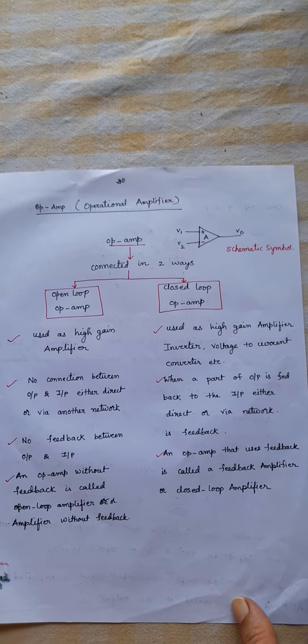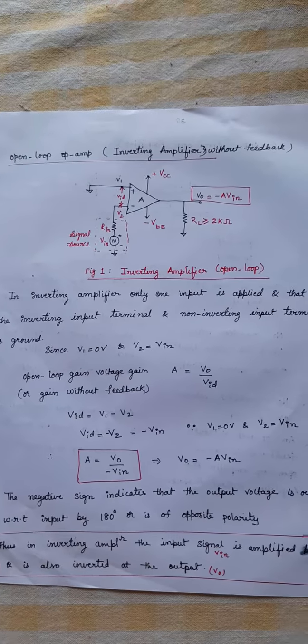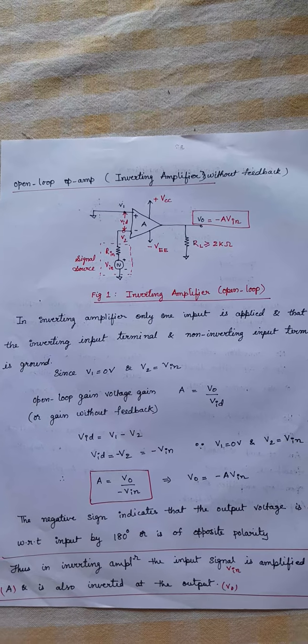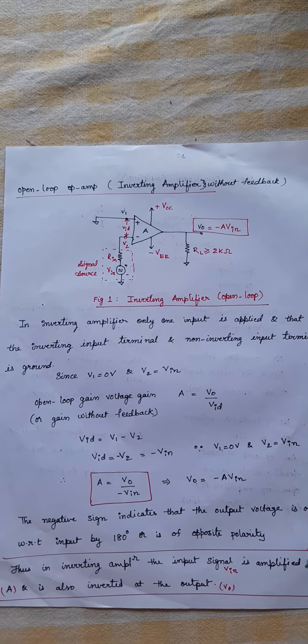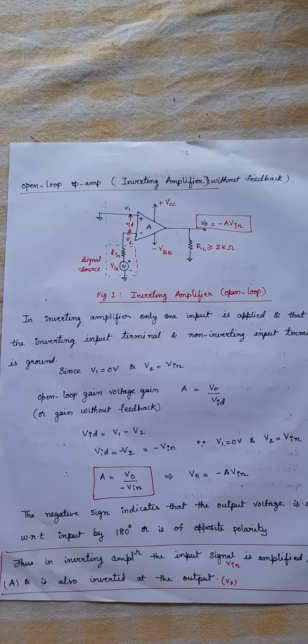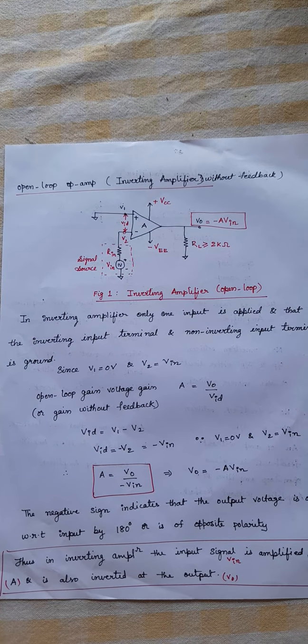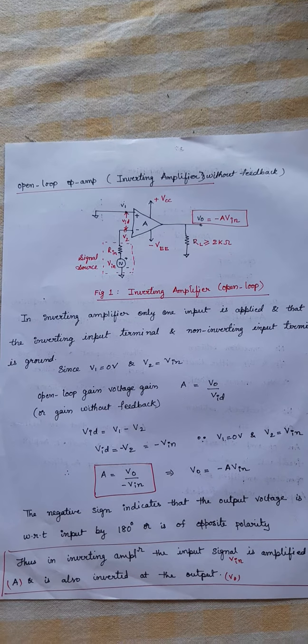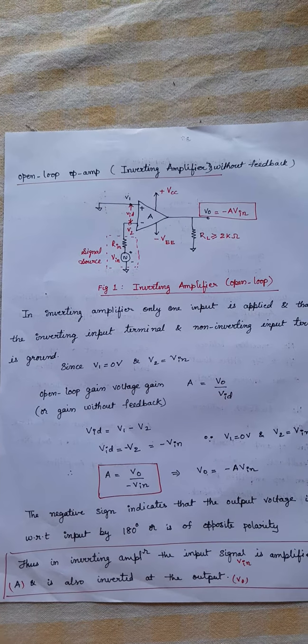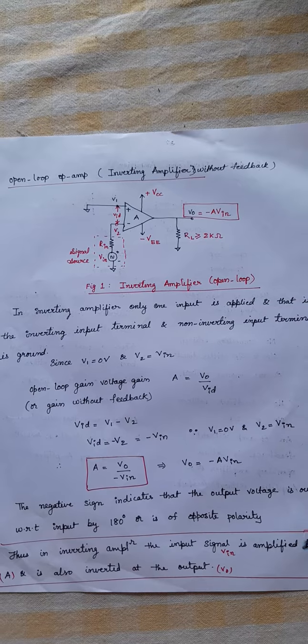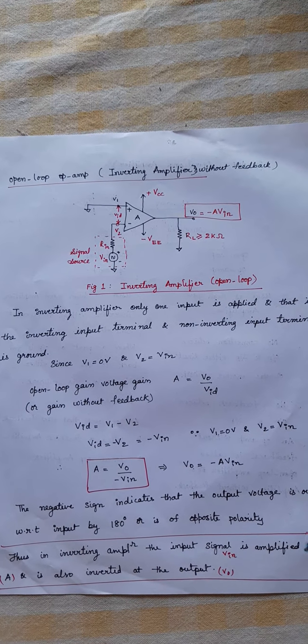So now let us see how to derive the gain of an inverting amplifier without feedback. What is the other name of inverting amplifier without feedback? Open loop inverting amplifier. So here we can see the open loop configuration of an inverting amplifier.